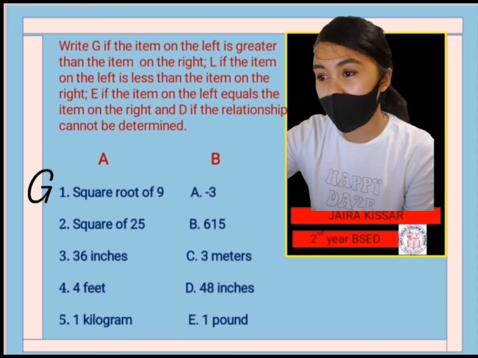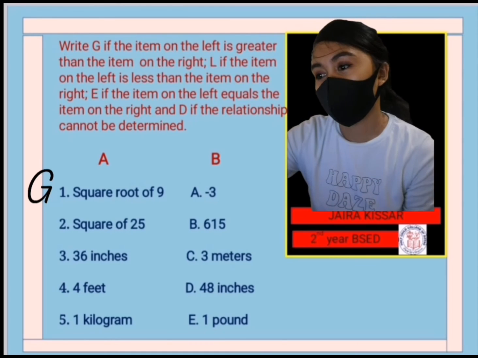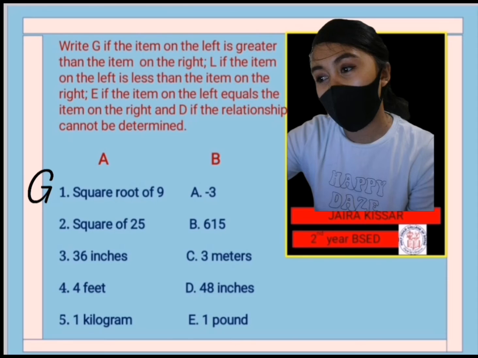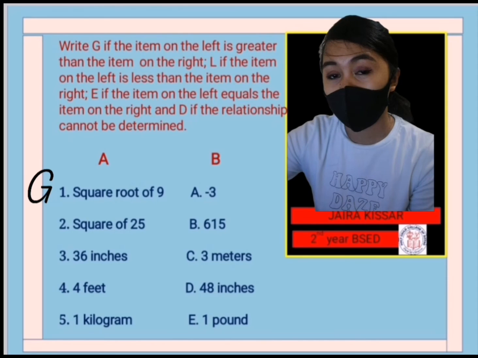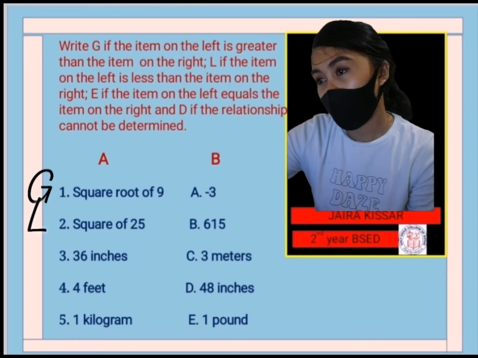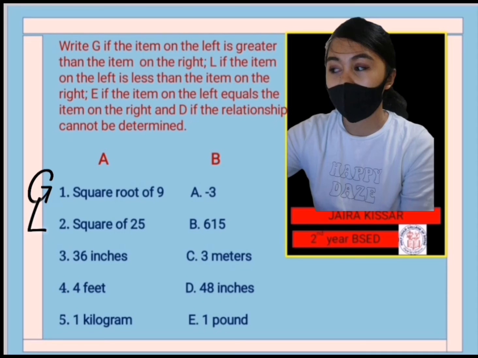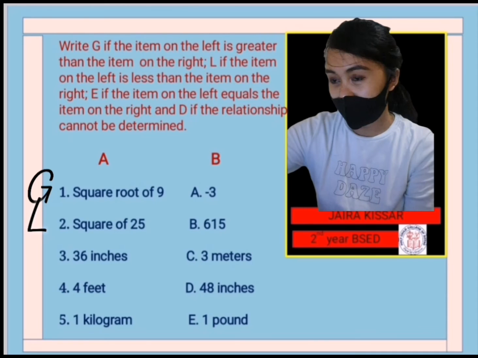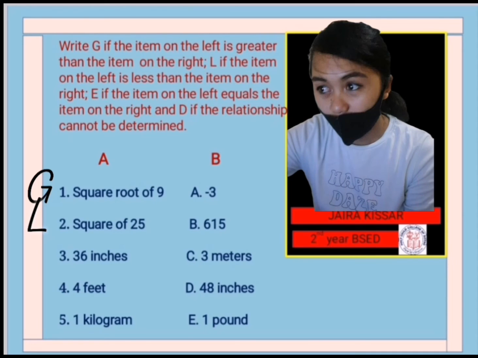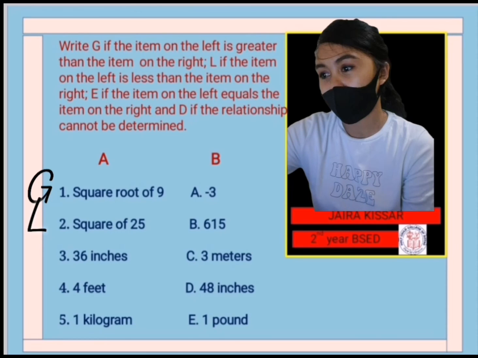Next is the square root of 25, which is 5, and in column B we have 615. 615 is bigger than 5. So letter L, because the item on the right is bigger than the left, or the item on the left is less than the item on the right.